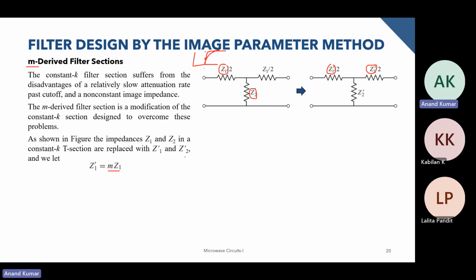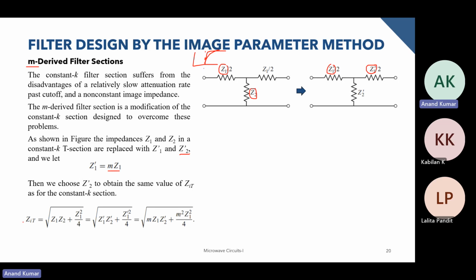Then we'll try to find out Z2. Once we have Z1 dash as MZ1, we find out the image impedance. This is the expression for our image impedance, and when we solve it for Z2 dash, we end up with this expression over here.